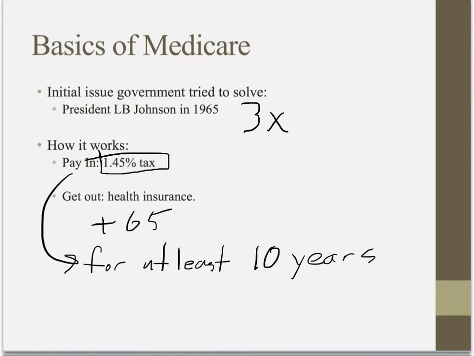And you have to have lived in the United States for a certain amount of time and be a United States citizen. So, pay in for 10 years, and then you get health insurance coverage once you reach 65 for the rest of your life. Pretty good system.